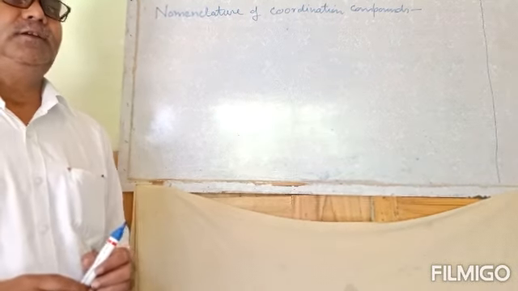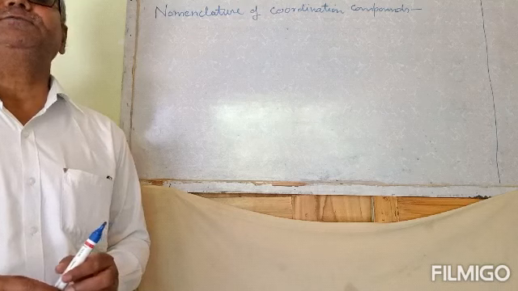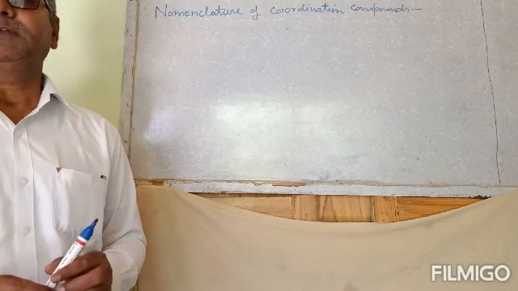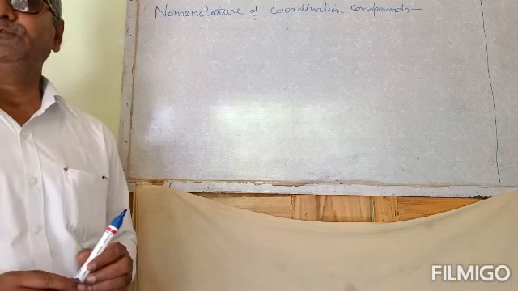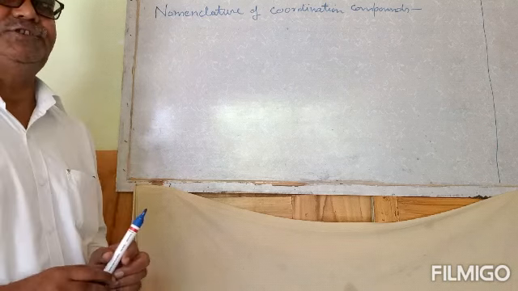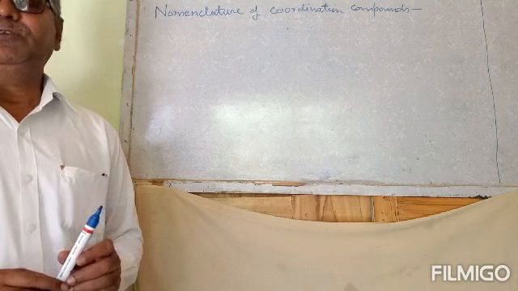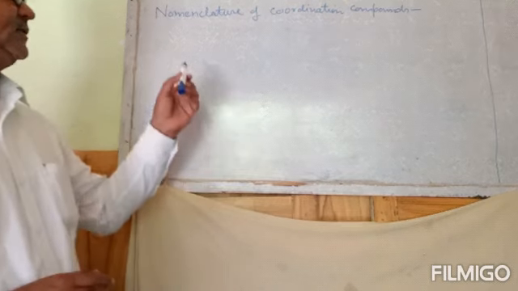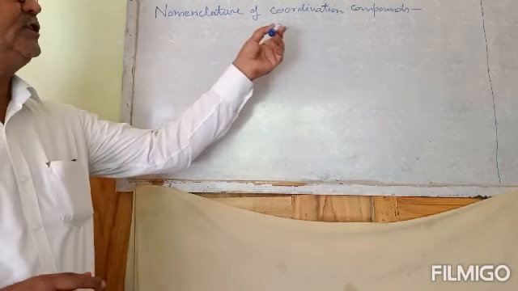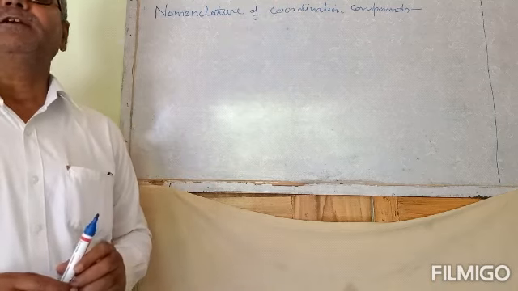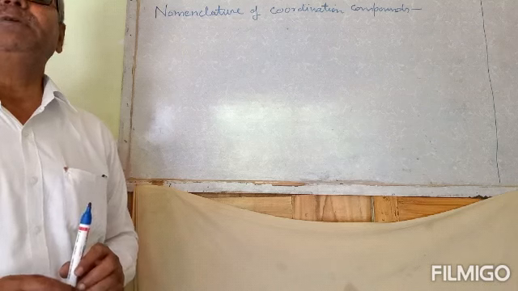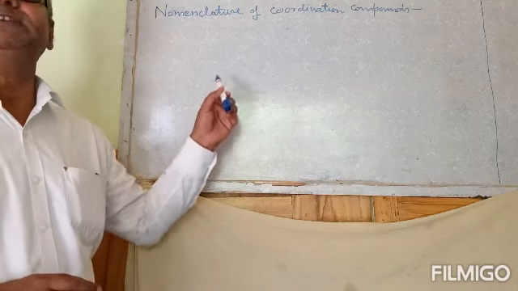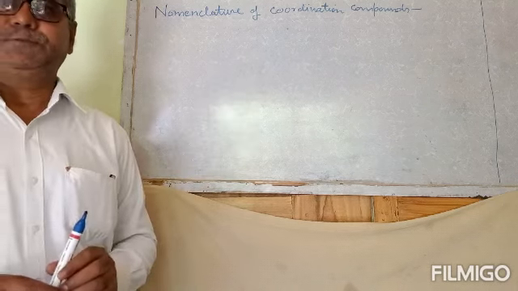This theory suffers a lot of limitations, but before going to discuss these limitations, first we have to learn the nomenclature of coordination compounds, naming of coordination compounds according to IUPAC norms.